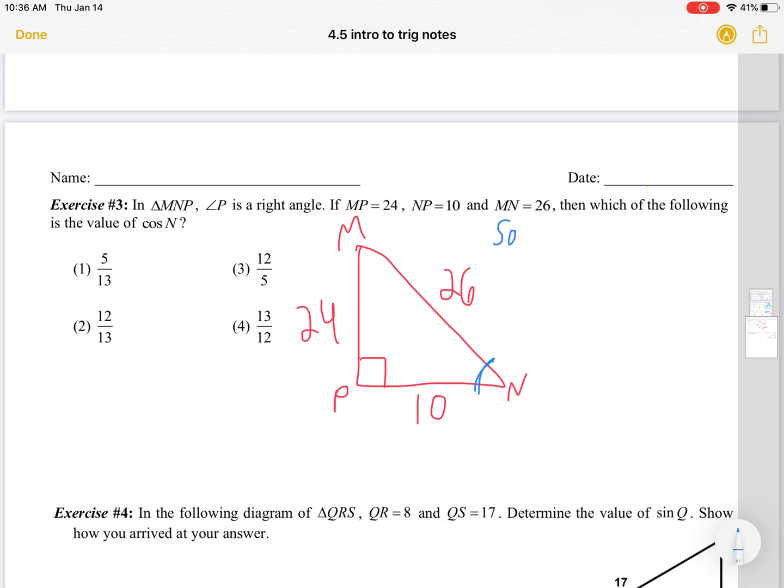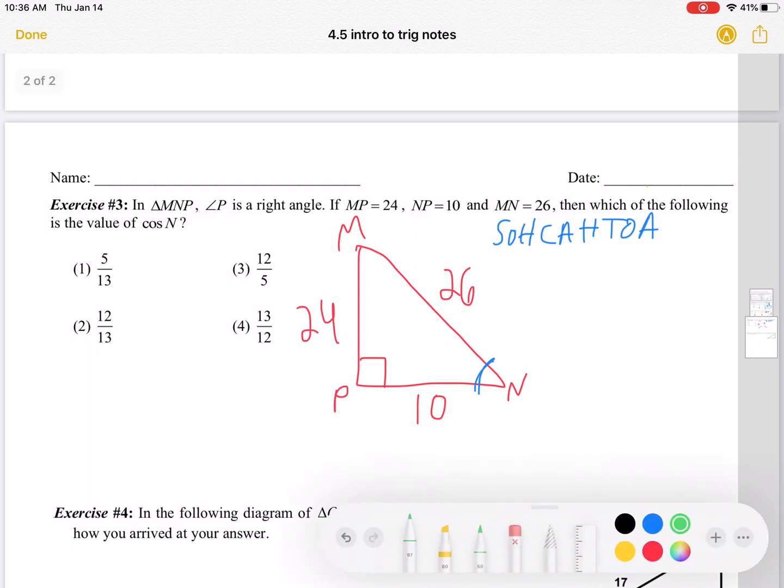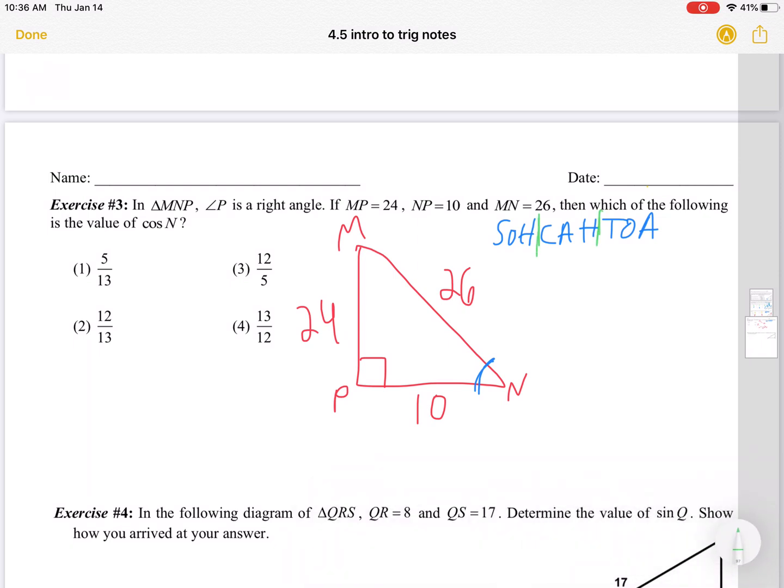So they're asking us for cosine of N. If I take my SOHCAHTOA, we have cosine equals adjacent divided by hypotenuse. So adjacent is going to be 10, divided by our hypotenuse 24. Now 10 over 24 isn't an option, right?